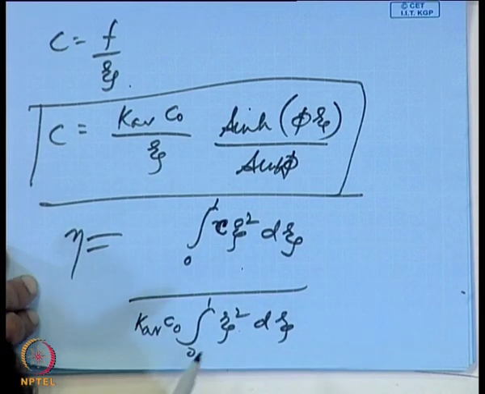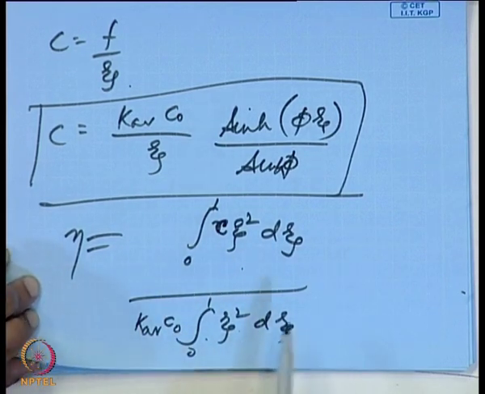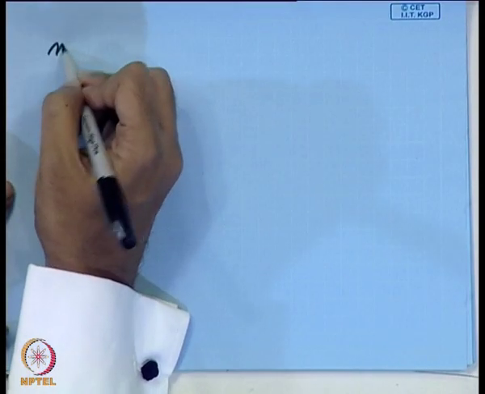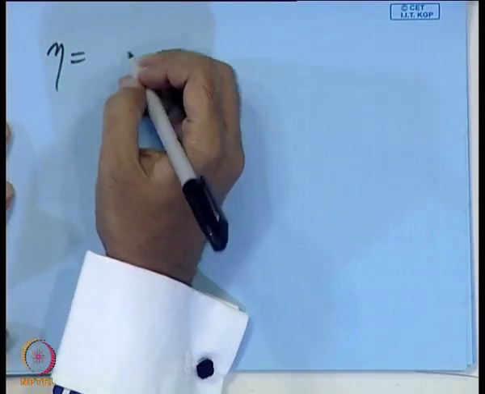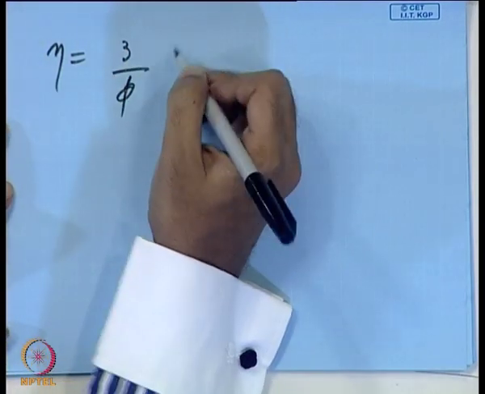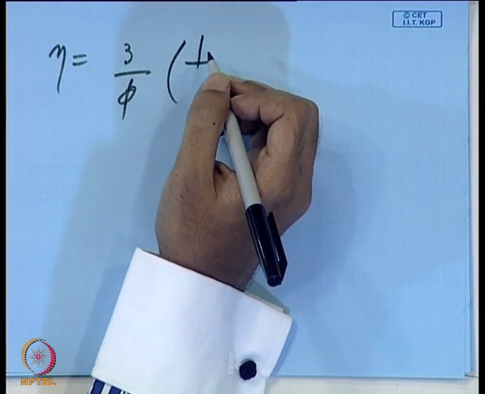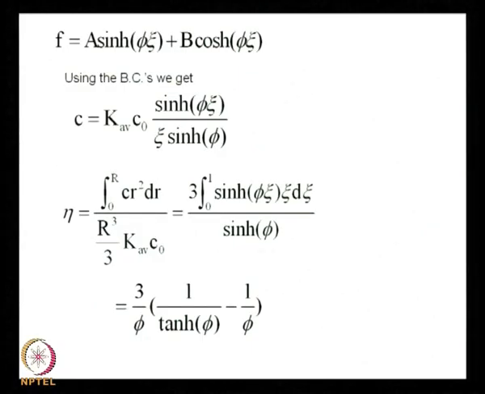The denominator is straightforward, but the numerator is slightly tedious, so I will just give you the solution. After all this calculation, eta comes out to be 3 over phi times 1 over tan hyperbolic phi minus 1 over phi.